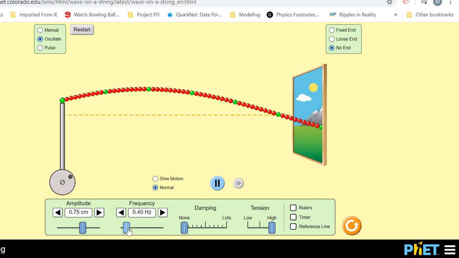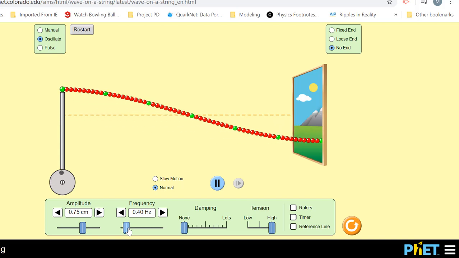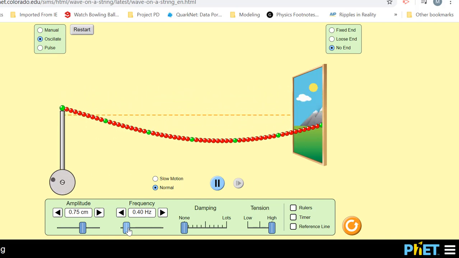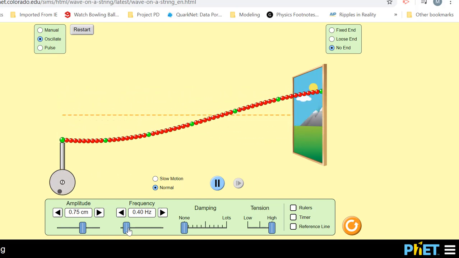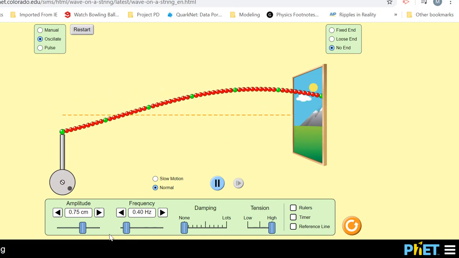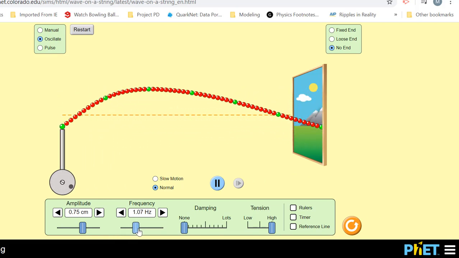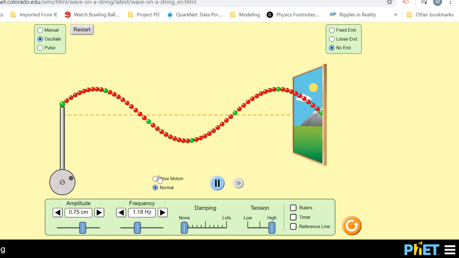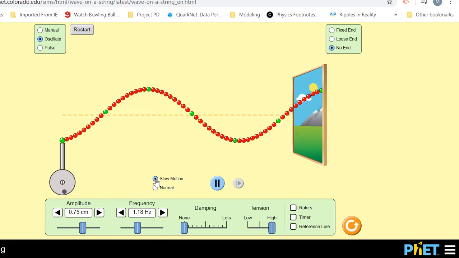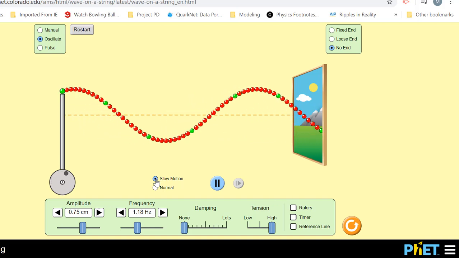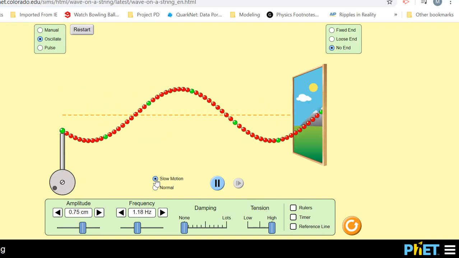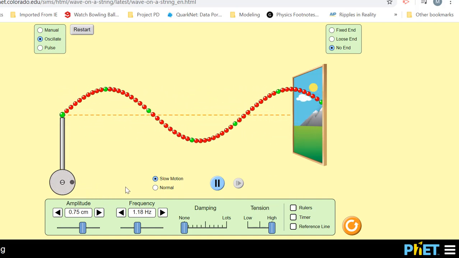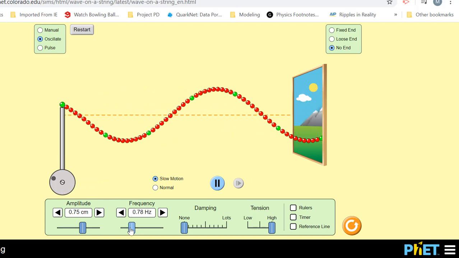So as we can see now, this wave has the same speed. It moves along. So if you're tracking the peak, it moves along at the same speed, whether we have a high frequency or a low frequency. So again, it'll be easier if we show this in slow motion. So that moves the same speed, the same number of meters per second, again, whether we have a high frequency or a low frequency.